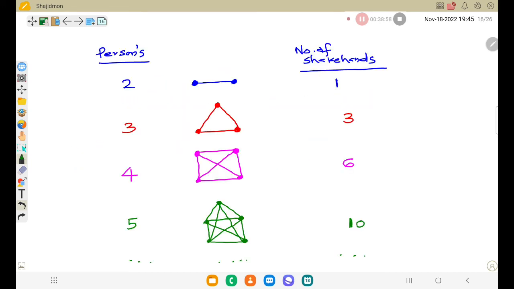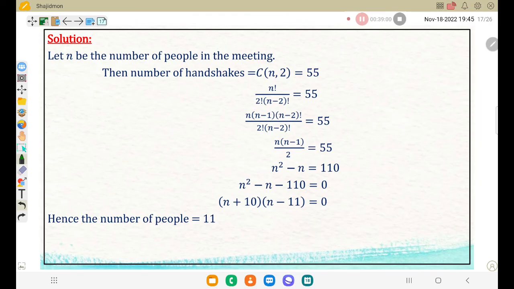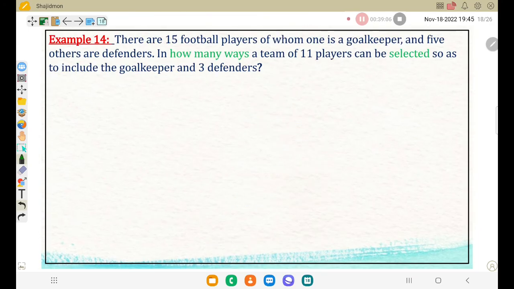Now let me see, the answer is here. You can check the answer steps, okay? Now there is another question, example number 14. There are 15 football players in total, of whom 1 is a goalkeeper and 5 others are defenders.